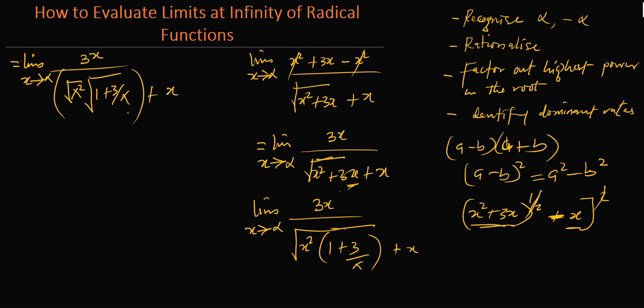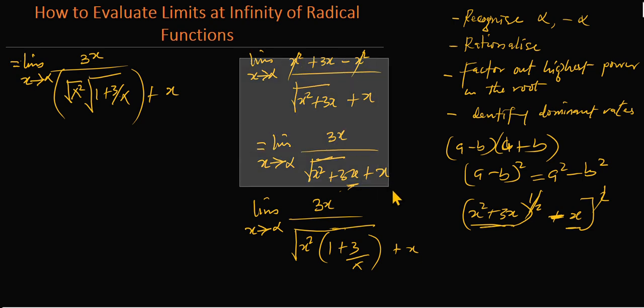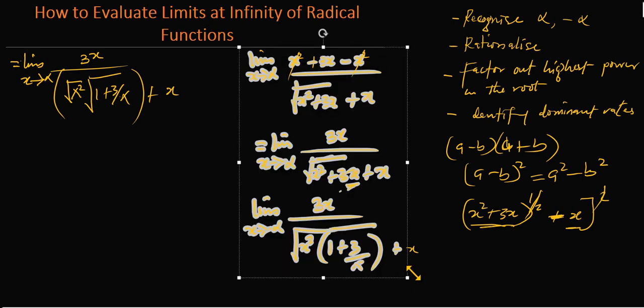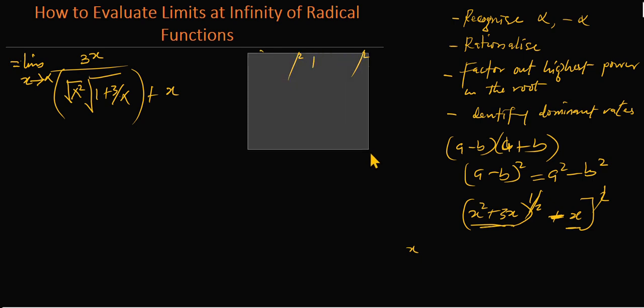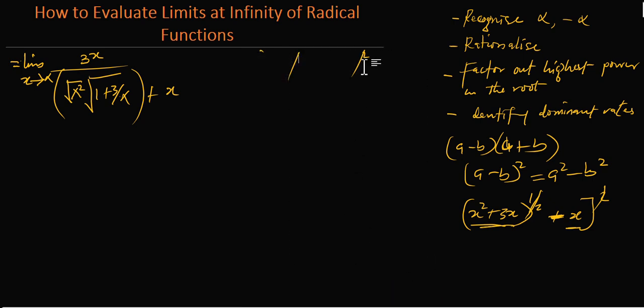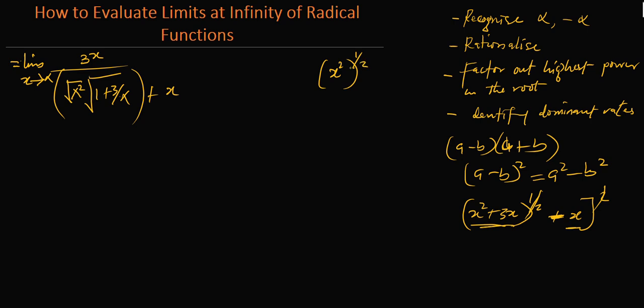Root x squared is the same as x, because if we have root x squared, it means x squared to the power of 1 over 2. And if we expand, we see that the 2 can cancel out this 2 here, so the root is gone.